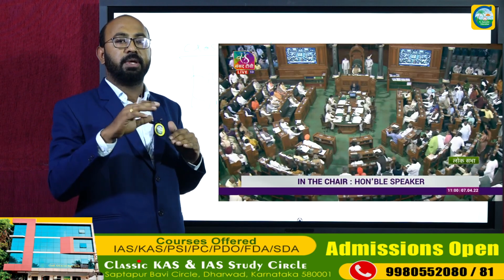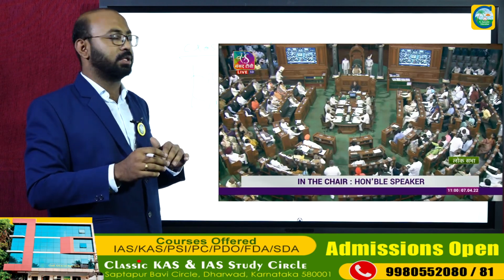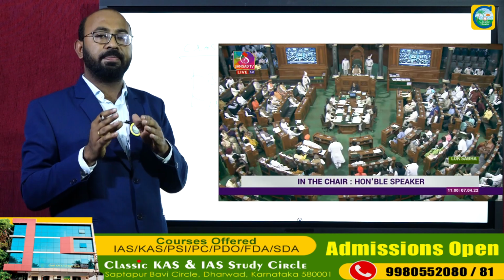It has various provisions or conditions. If a particular member meets these conditions, he will be disqualified from his office. But the Supreme Court says that if an MLA is involved in cross voting in the Rajya Sabha election process, he should not be disqualified under the provisions of the anti-defection law, right? This is cross voting. This is all about the Rajya Sabha elections.